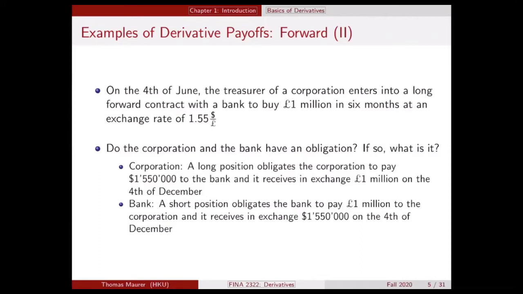And on the other side, they will receive 1 million British pounds on December 4th. On the other side, the bank, as a short position, also has an obligation, and their obligation is to deliver the 1 million British pounds. Okay? And on the other side, they are promised to receive that fixed price of $1.55 million on December 4th.